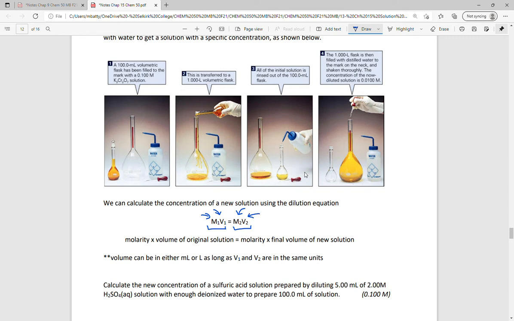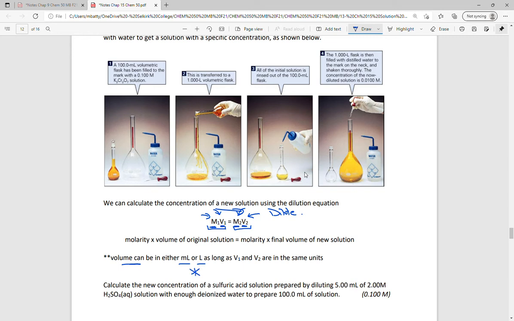You're going to have the higher concentration and a lower volume, and then a lower concentration and a higher volume as you dilute this solution. The volumes can either be in milliliters or liters, so long as they are in the same units.